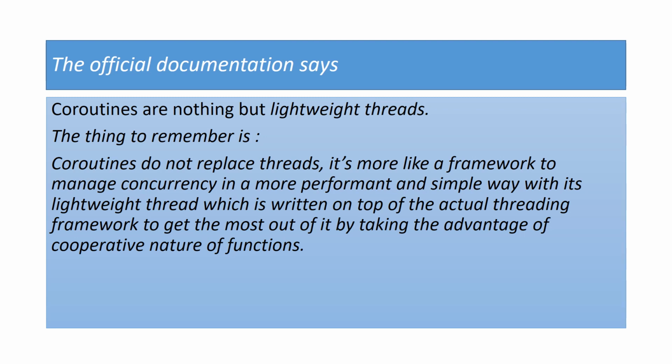The official documentation says coroutines are nothing but lightweight threads. And what do you mean by that? Coroutines do not replace threads. It is more like a framework to manage concurrency in a more performant, simple way with its lightweight thread, which is written on top of the actual threading framework to get the most out of it by taking advantage of the cooperative nature of functions.